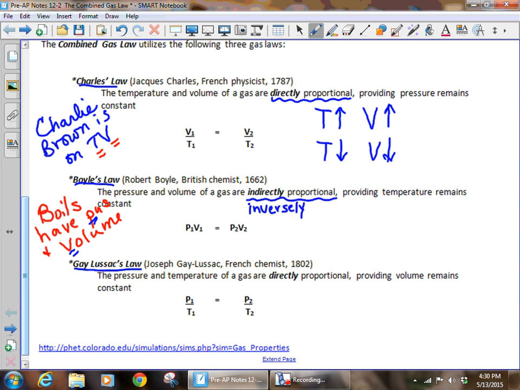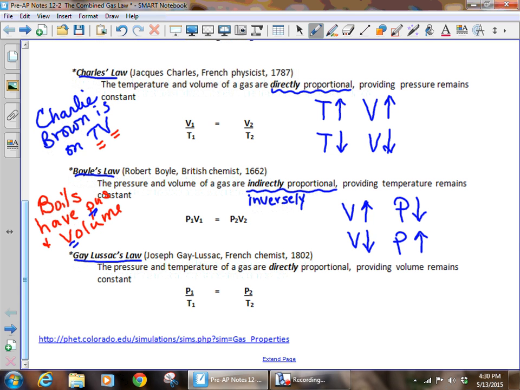Meaning, if the volume goes up, the pressure goes down. If the volume goes down, the pressure goes up. So that helps us remember that the only inverse one, the only one that's opposite, is the gross one. So that's how we remember it.